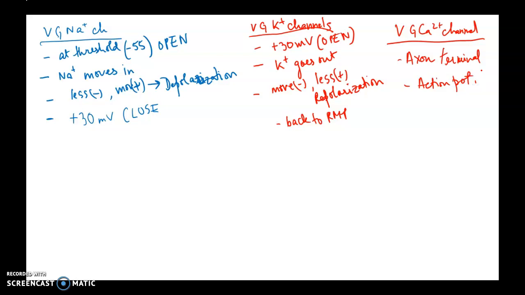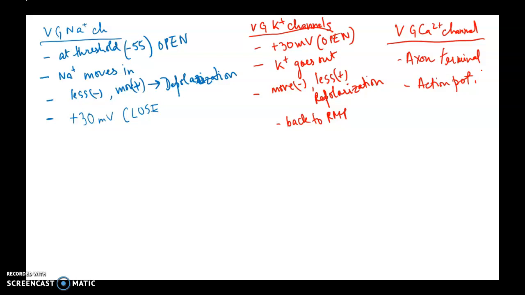Okay, so let's review this. We have three types of voltage channels: voltage-gated sodium, voltage-gated potassium, and voltage-gated calcium channels. When do the voltage-gated sodium channels open? At threshold, meaning negative 55. As sodium moves in, the membrane potential becomes less negative, more positive, a state called depolarization.